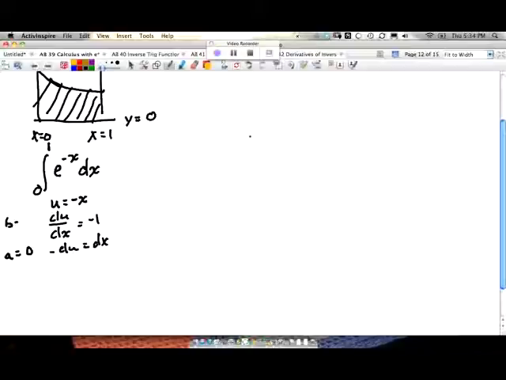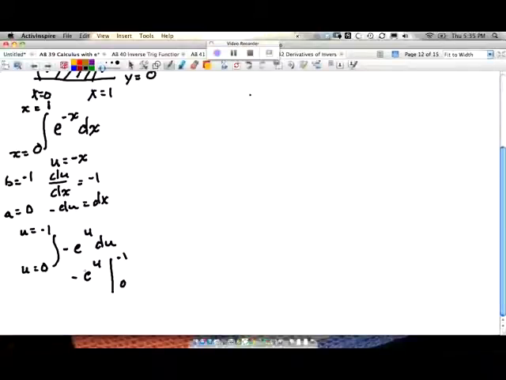And b is going to be negative 1 times 1, which is negative 1. So we're going from 0 to negative 1. Those are in terms of u, because before they were in terms of x. And then we have negative e to the u du. Well, that's going to become negative e to the u, but we're going to evaluate that from 0 to negative 1.